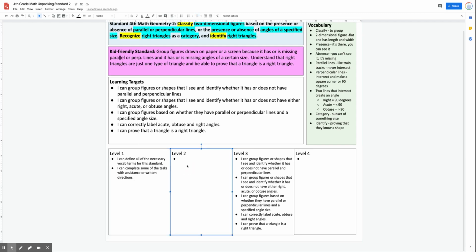So level 2 is where kids land before they get to level 3. Level 2 is you're almost there. So I can group figures or shapes that I see and identify whether they have or do not have parallel and perpendicular lines.